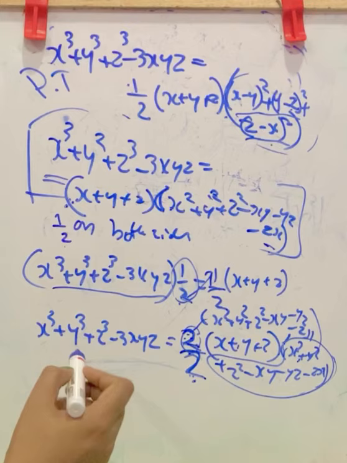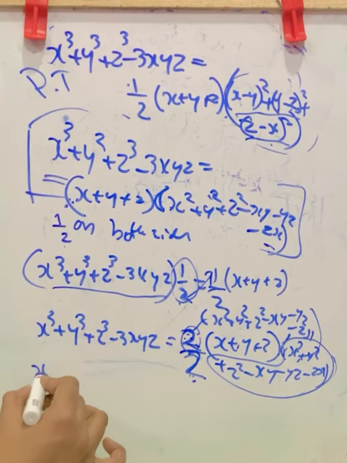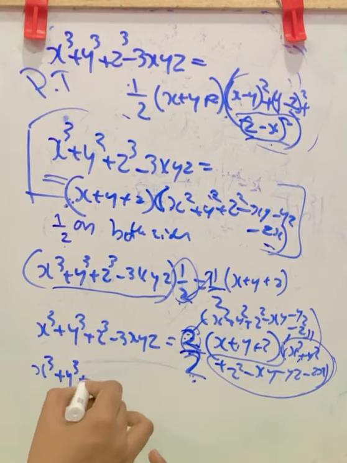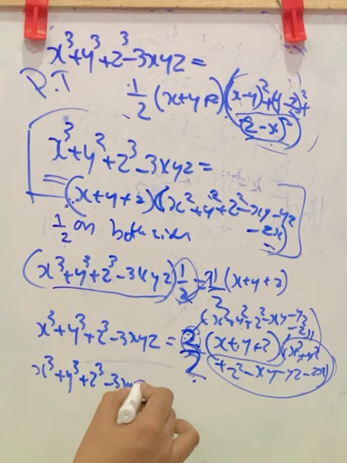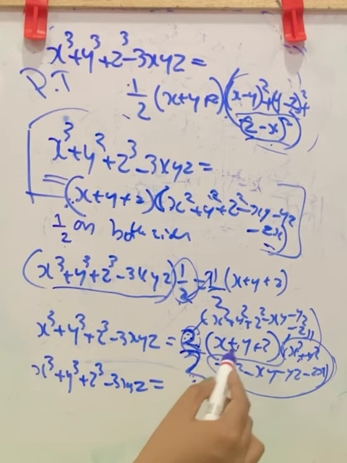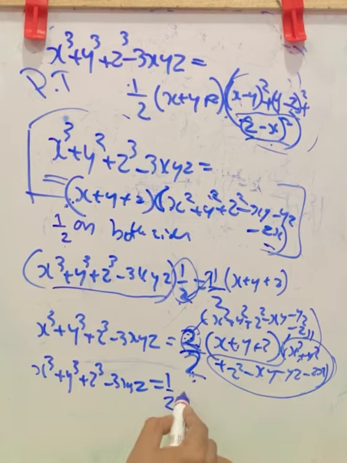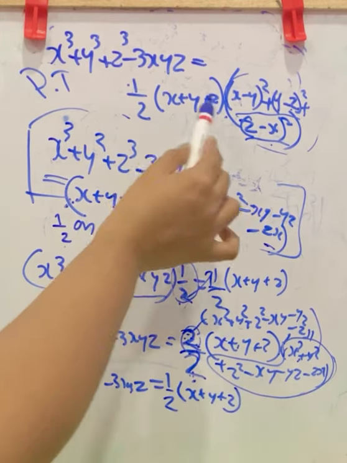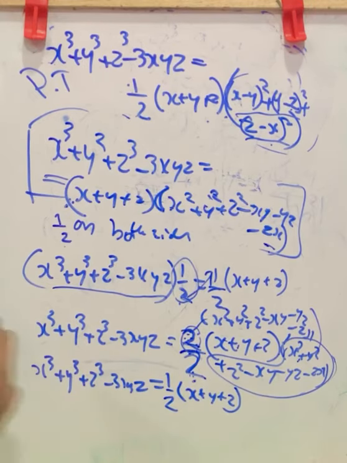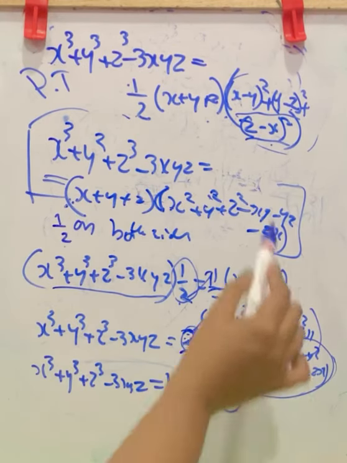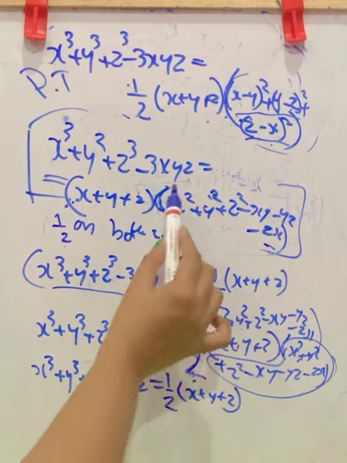So LHS will be x cube plus y cube plus z cube minus 3xyz equal to 1 by 2 will be here. Now x plus y plus z will also be there. We need it here in the RHS. Now with this 2 I am opening this last term in the identity.